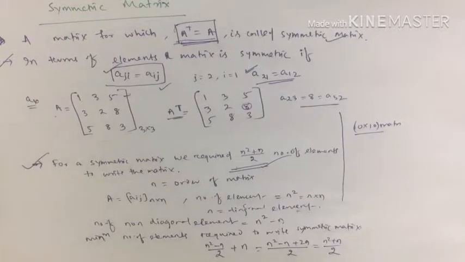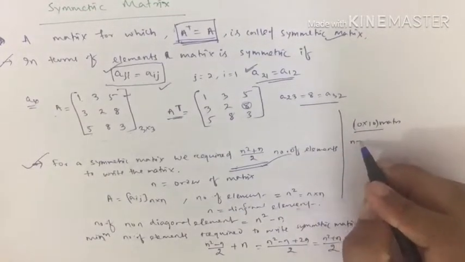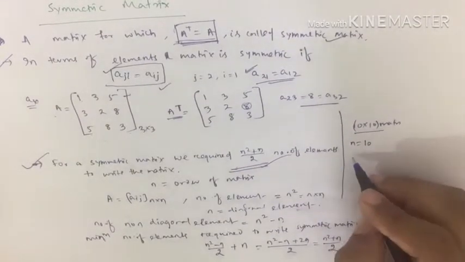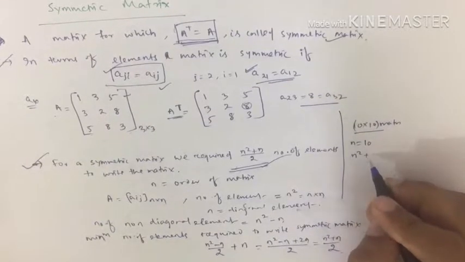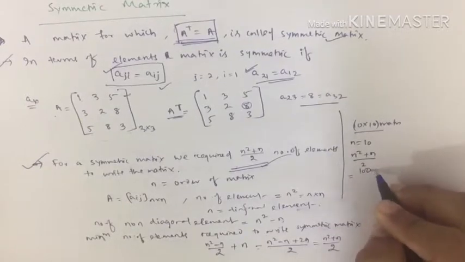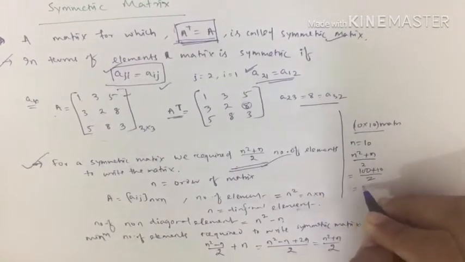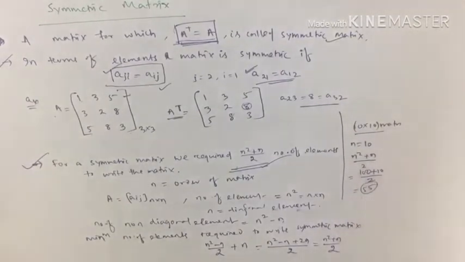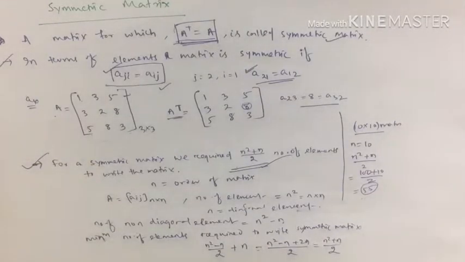You can find here n equals 10. So the number of elements required is n square plus n by 2, which is 100 plus 10 by 2, which is 55. So 55 elements are required to write a 10 cross 10 symmetric matrix. Okay, in this way you can solve problems.